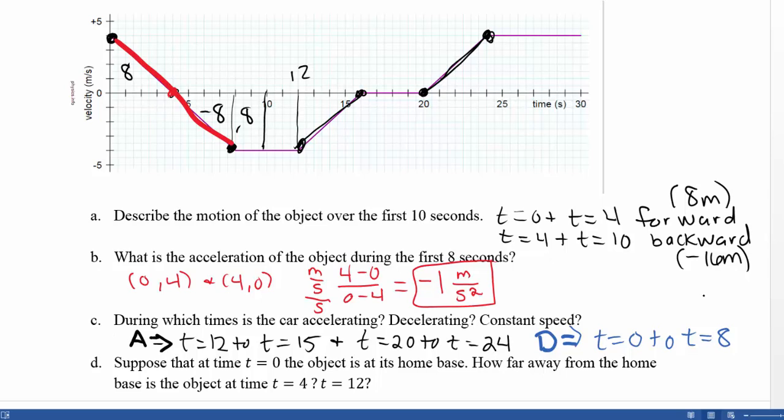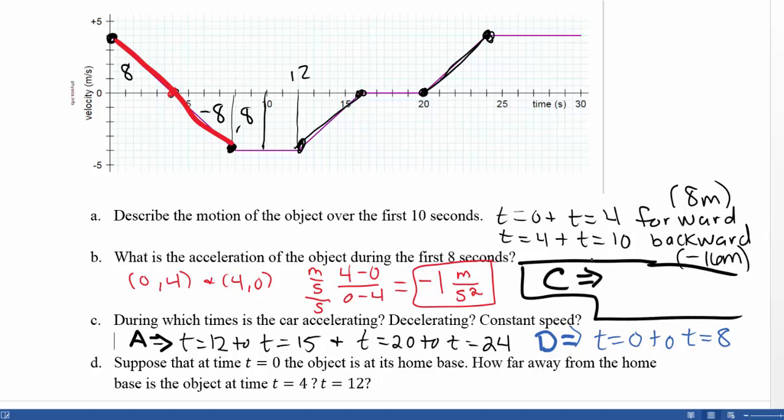So finally we have to figure out where we're constant. So we're going to be constant, put a little box here, we're going to be constant whenever our function is horizontal. So acceleration will be 0. So that means our speed is constant. So that happens from time equals 8 to time equals 12. We have this horizontal line.